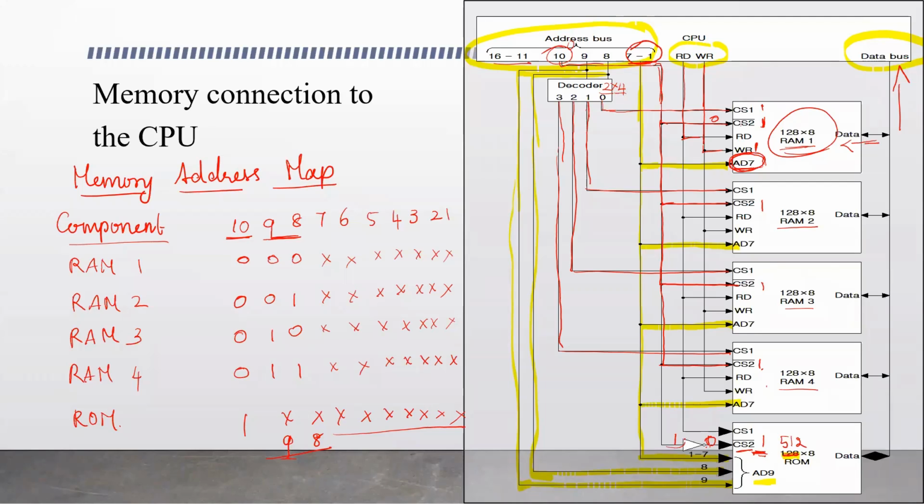So when the value of bit 10 is 1, ROM is selected. So the 10th bit should be 1. So this is the memory address map. The memory address map is a pictorial representation of the assigned address space for the memory chips in the system.